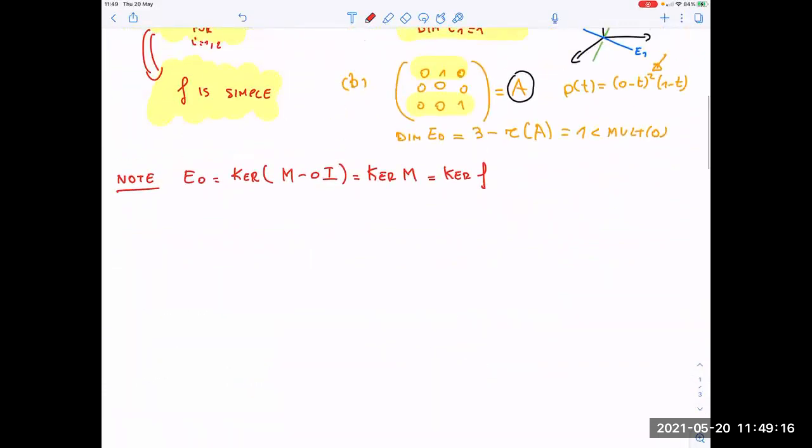And just to be sure that we all understand this equality and this equality work on a canonical basis, so we don't get confused. What is always true is that the dimension of E0 is the dimension of the kernel of M. This is always true, but if you want to have equality as eigenspace and kernel, well, you must use canonical basis.